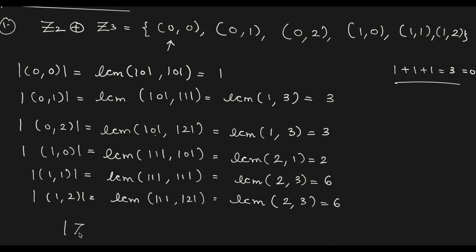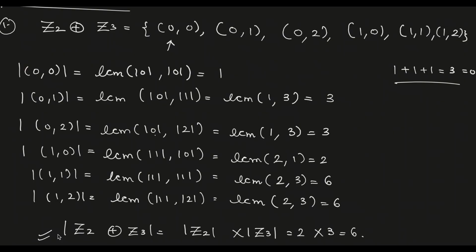And the order of Z2 direct sum with Z3 is the order of Z2 times the order of Z3, which is 2 times 3, so 6. So the order of this group is 6.